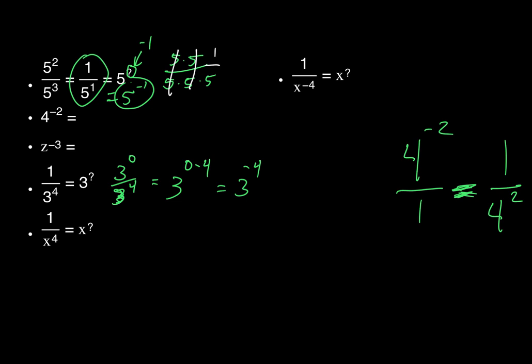Convert it into a fraction, and we'd find that this is 1/16. Okay? But for our sake over here, all I want to see is it's going to be 1 over 4 squared. So with that, z to the negative third will be 1 over z to the third.